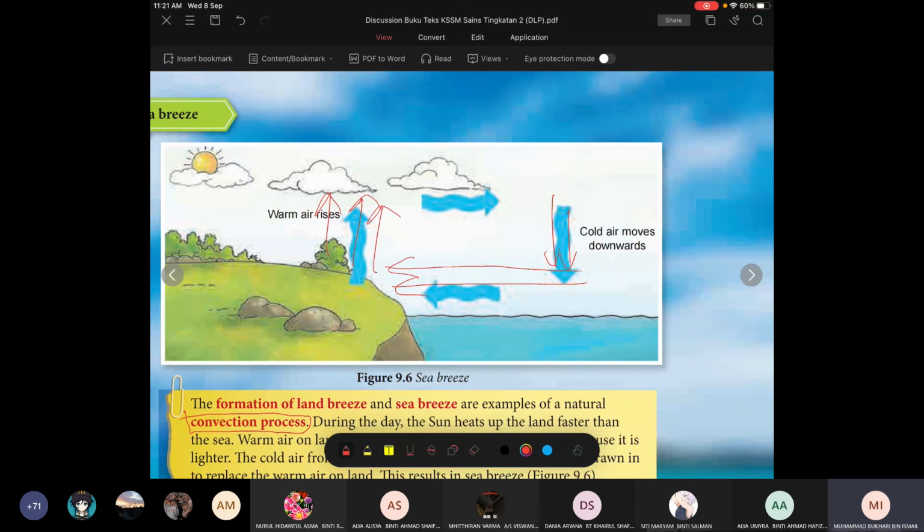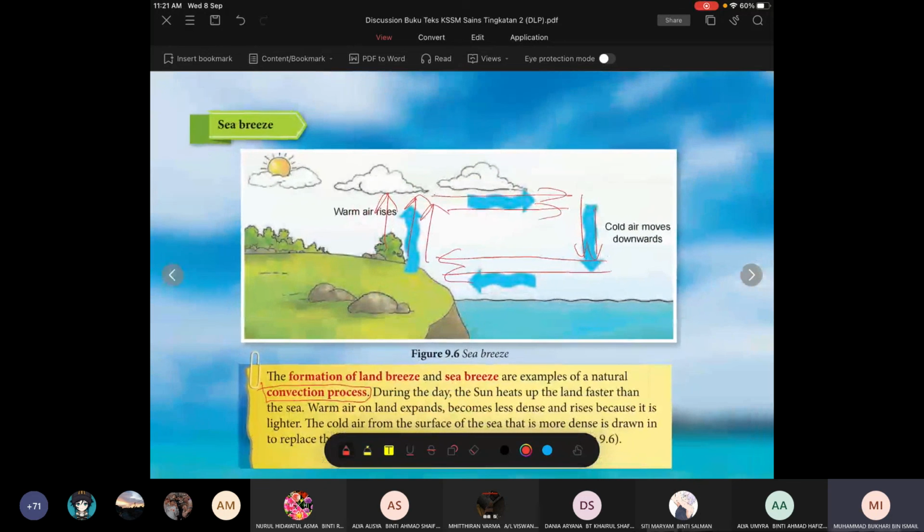And then the air which rises from the land will move towards the ocean. So we have one circulation of air. This is what we call sea breeze. When we say sea breeze, this means that the air comes from the sea towards the land. This happens in the daytime. You can see this is the sun, so it happens in the daytime.